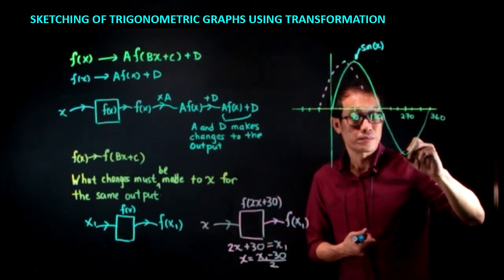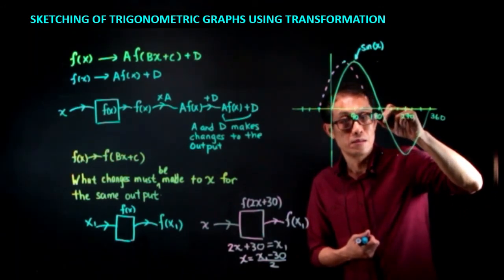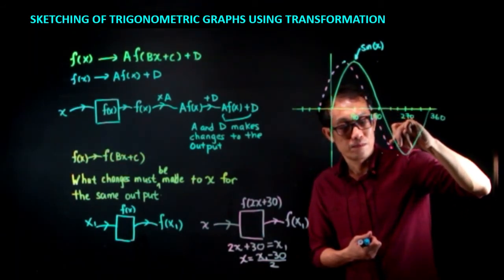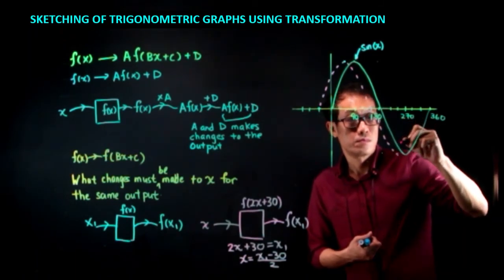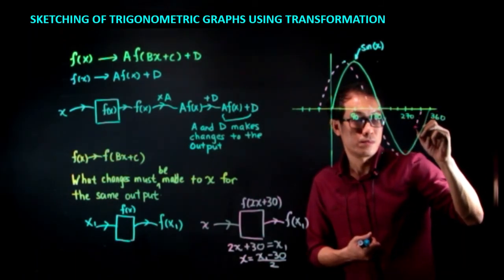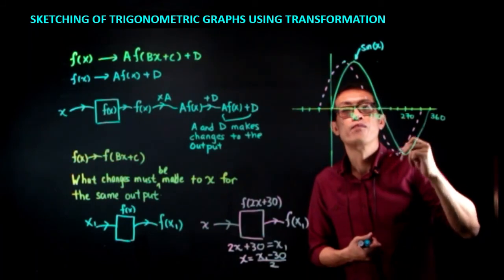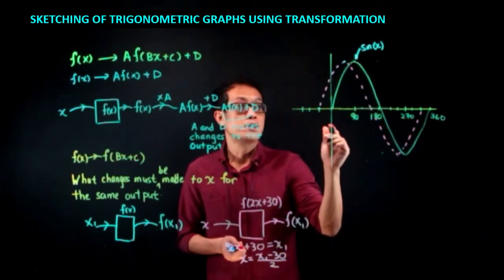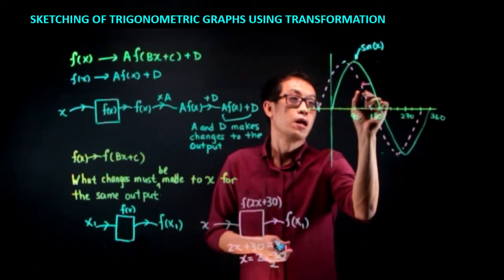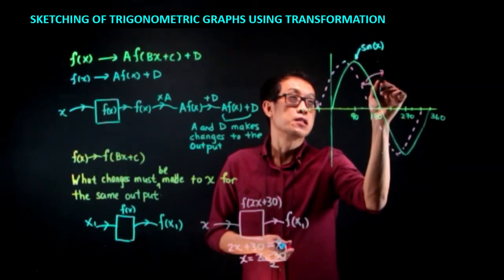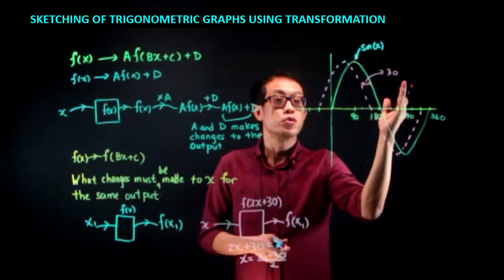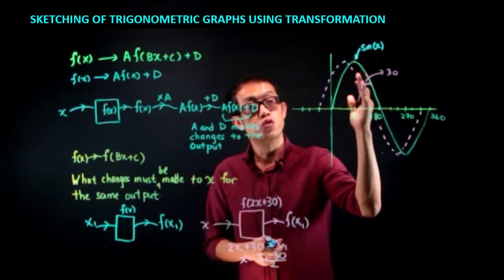All right, so maybe it will be here. So this distance here is 30. So you shift 30 to the left.